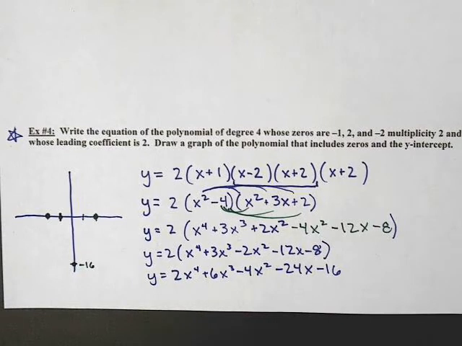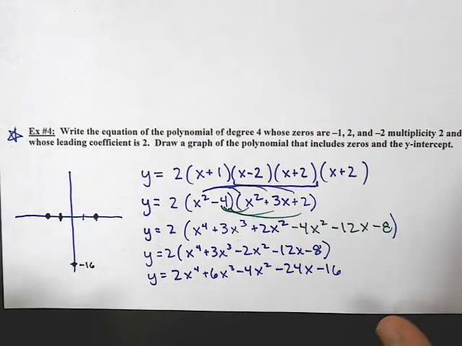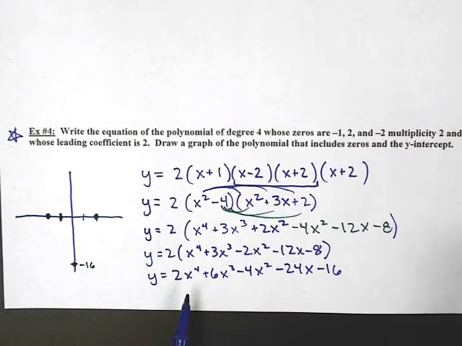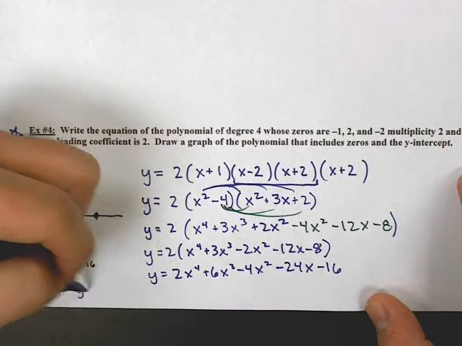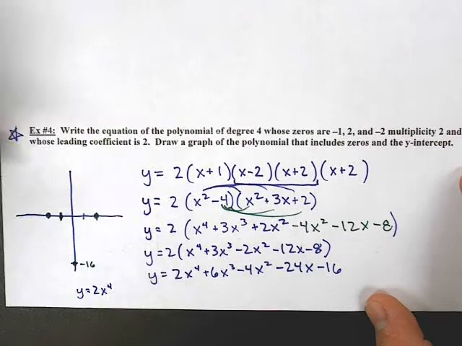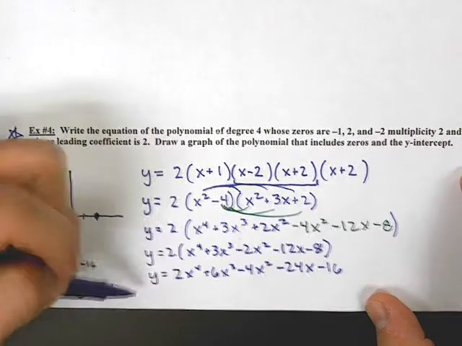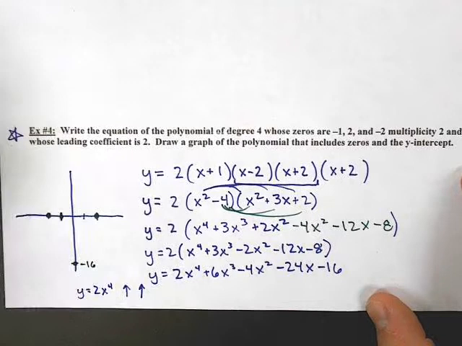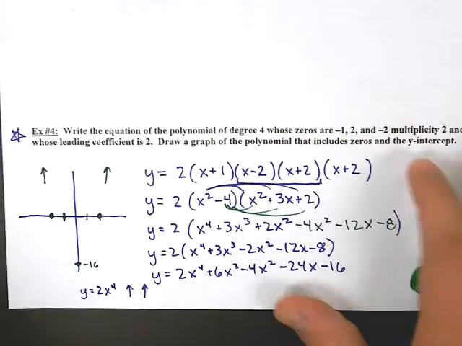The last thing, my end behavior comes from my leading coefficient and highest degree term. So I'm looking at this 2x to the fourth. So if y is equal to 2x to the fourth, that means I am going to be what? X to the fourth means it's going to look like a parabola. Positive means it's going up, up. Okay? So, up, up.